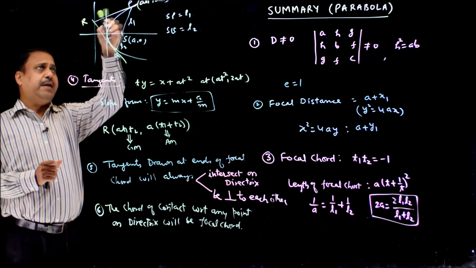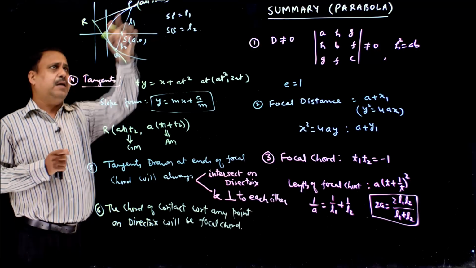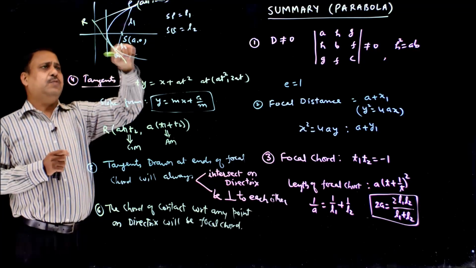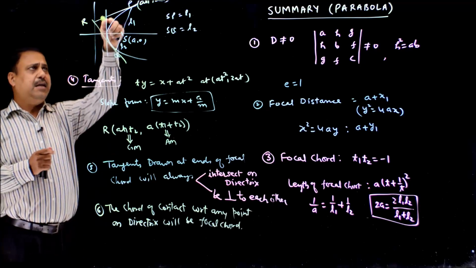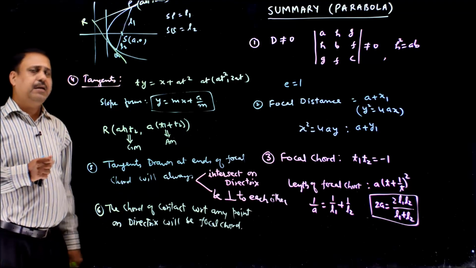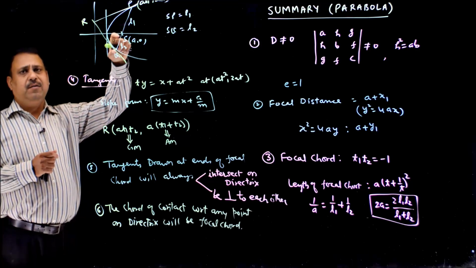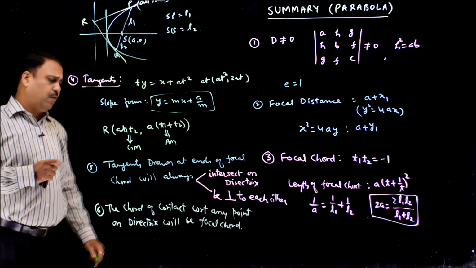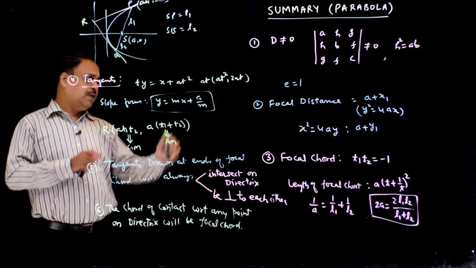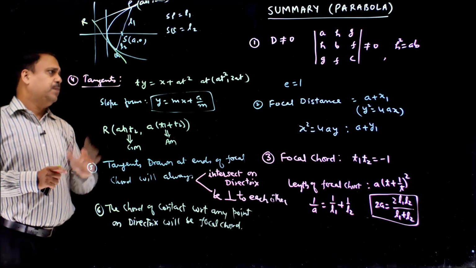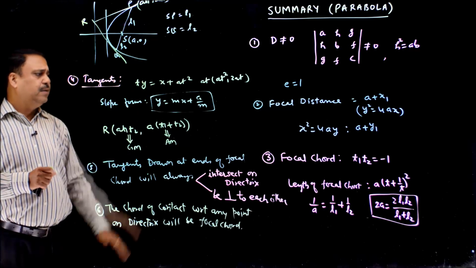That means for this chord of contact, you can choose any point here, anywhere. With respect to that, if you draw the tangents and join their points of contact, then that chord of contact will always be a focal chord. So these are very important basic properties related to tangents and general points.